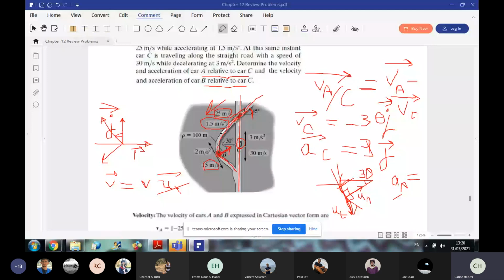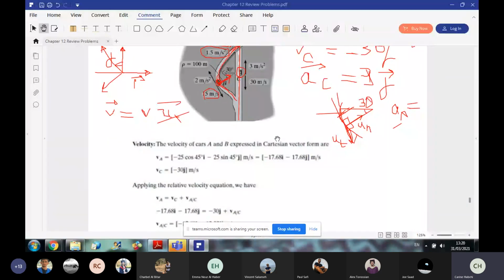I will repeat everything in the calculation here. The first step, as we said, is to determine the components of all velocities. First for A, as we said, A is doing translation on an inclined line.